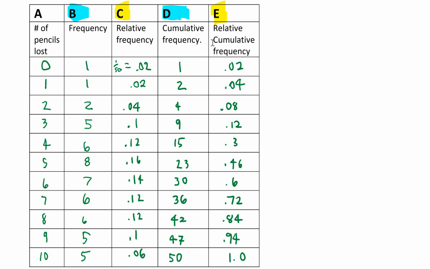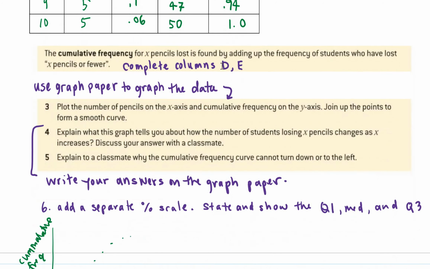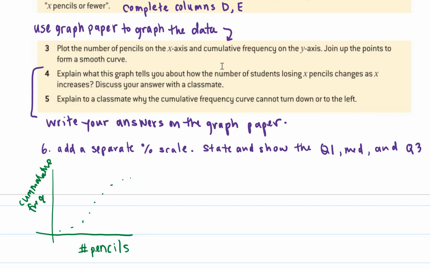All right, so what happens now is that we're going to graph all of that data. So the x-axis is going to be the number of pencils, which you can see in this example down here. And your y-axis is going to be the cumulative frequency, which you can see in the example here. And then you'll plot the points.